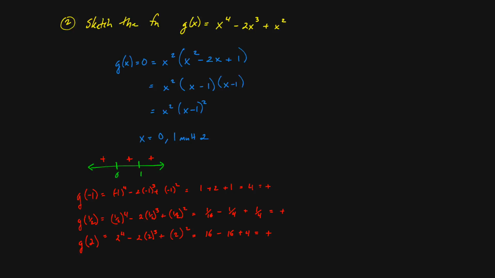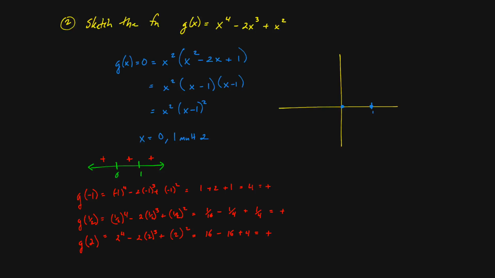If I were to put my axes here, the first thing I want to note is where my zeros are. I have one at 0 and one at 1. I want to use a different color, it's hard to see. So that's 1, that's 0.